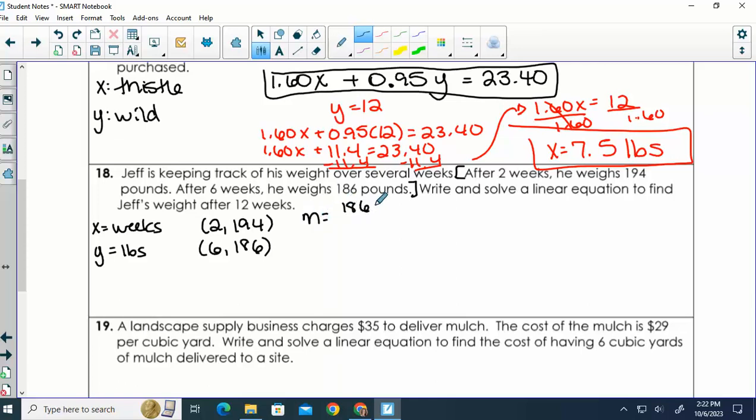So y2 minus y1 over x2 minus x1. We get a slope of -2. What do we do from there?